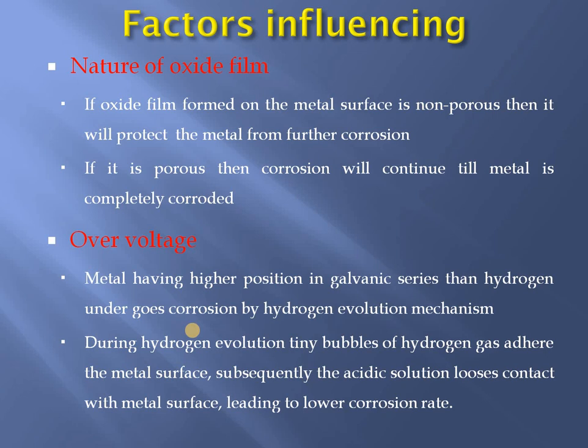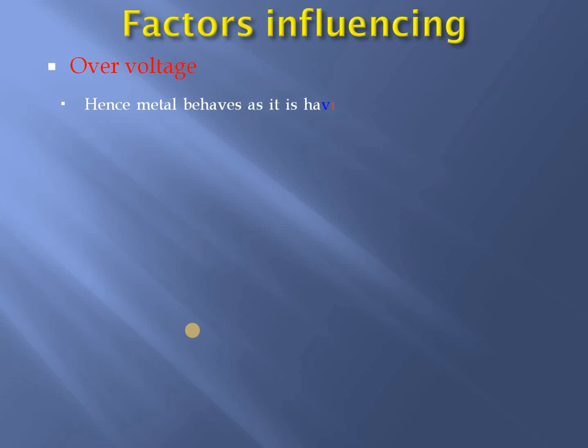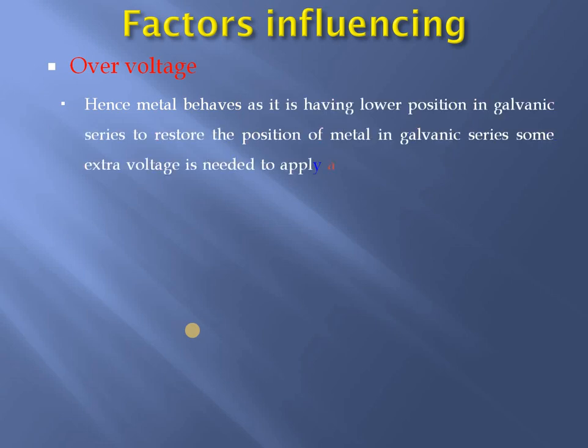Subsequently, the acidic solution loses contact with the metal surface, leading to a lower corrosion rate. Hence, the metal behaves as if it has a lower position in the galvanic series. To restore the position of the metal in the galvanic series, some extra voltage needs to be applied, and this extra voltage is called overvoltage.